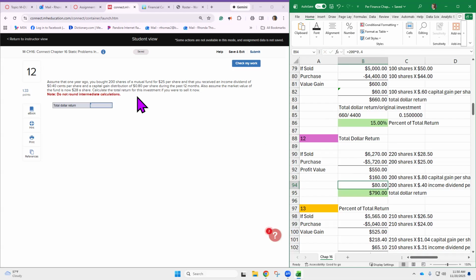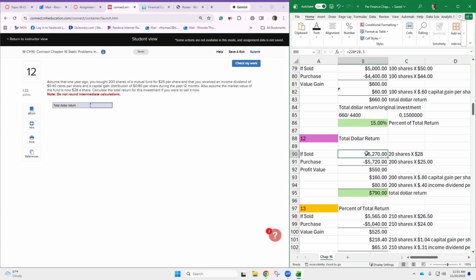Now we're going to pretend to sell it. The market value is $28 a mutual fund share on the day that we are doing a mock sale. So we're going to put 200 shares at a $28 price.